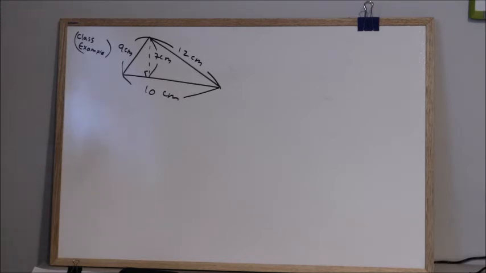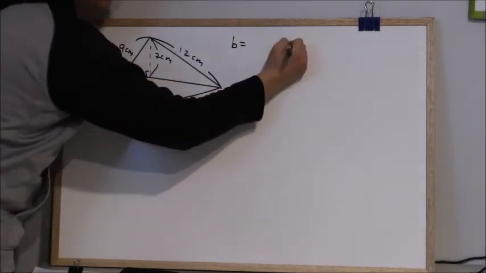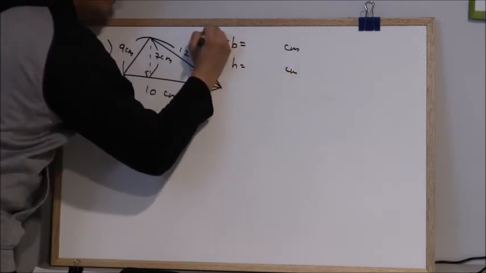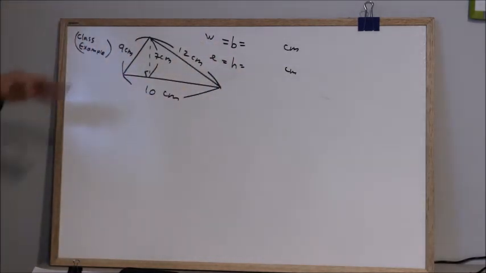I have a lot of measurements. What should I do? Well, basically your first job is finding out what is my base and what is my height. Again, if you want to go width, length, feel free. I use either way. This question I'm going to use base and height. The next one I'm going to use W and L.